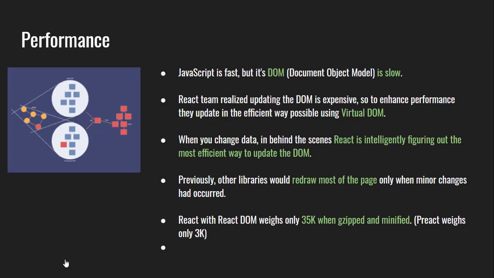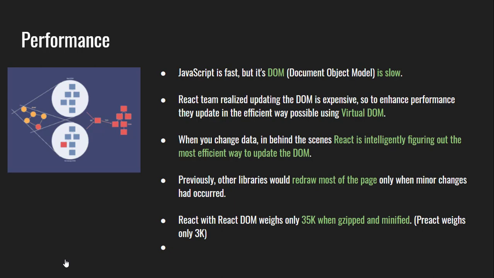So when you change data behind the scenes, React is intelligently figuring out the most efficient way to update the DOM. So they do something called tree reconciliation. They reconcile the changes of that DOM tree. They reconcile it, and then basically they take that copy, that virtual DOM, with just the changes that they need, and then they basically make those changes in the real DOM without doing the whole tear down and redraw of the whole page elements, right?